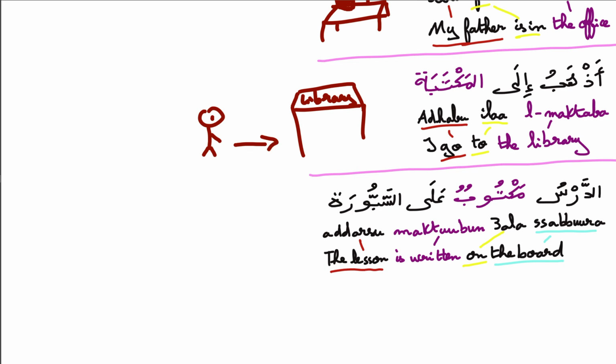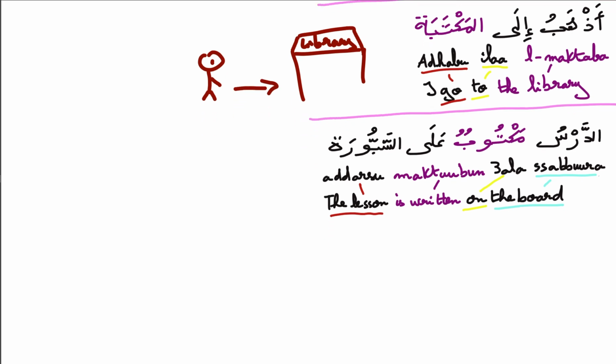Okay. And last one we have الدرس مكتوب على السبورة. الدرس, the lesson. مكتوب is written. على, on. السبورة, the board. So this is the school's whiteboard, for example.